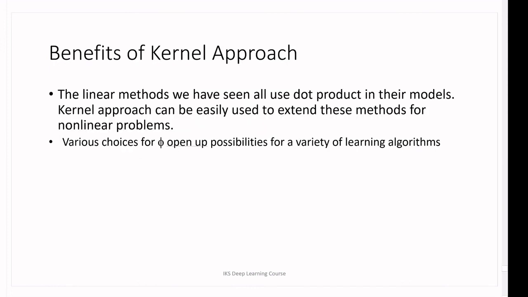The benefits of the kernel approach: the linear methods we have seen all use dot products in their models. We're always talking about W transpose X, which is a dot product. So for any model that uses dot products, one can incorporate the kernel approach in those methods and build classifiers for nonlinear problems.